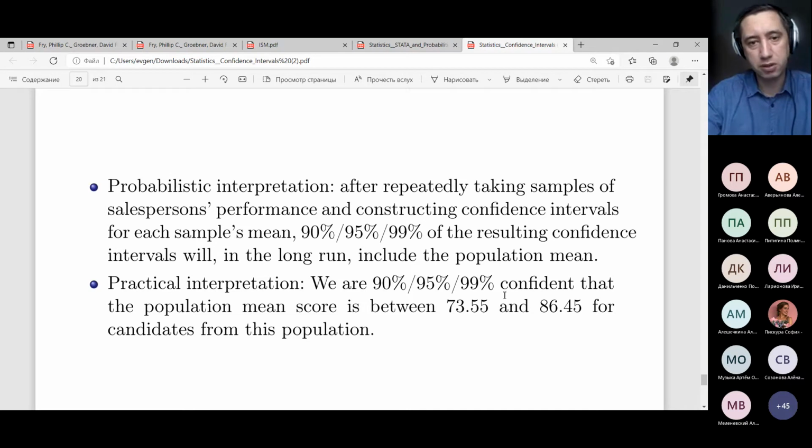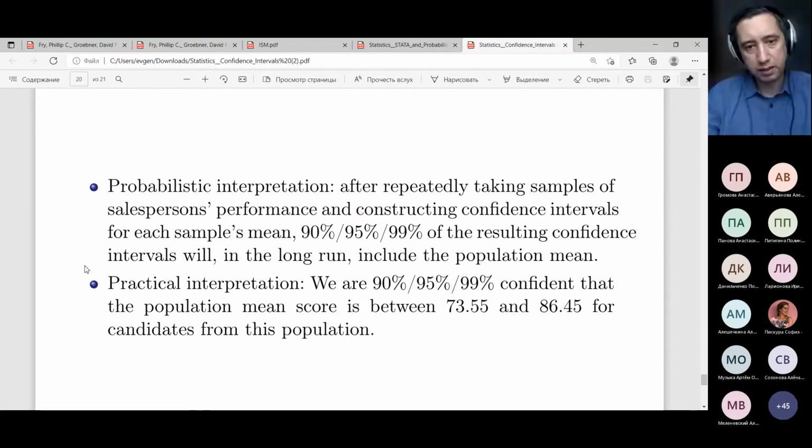My recommendation for you, learn this phrase by heart and replace necessary words with your words. For example, you should replace salesperson's performance with stock market performance or income or marks, and so on.